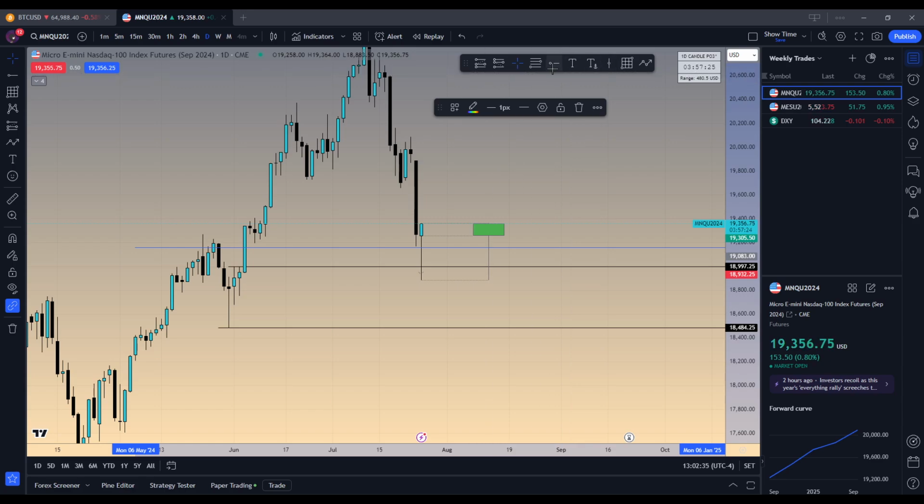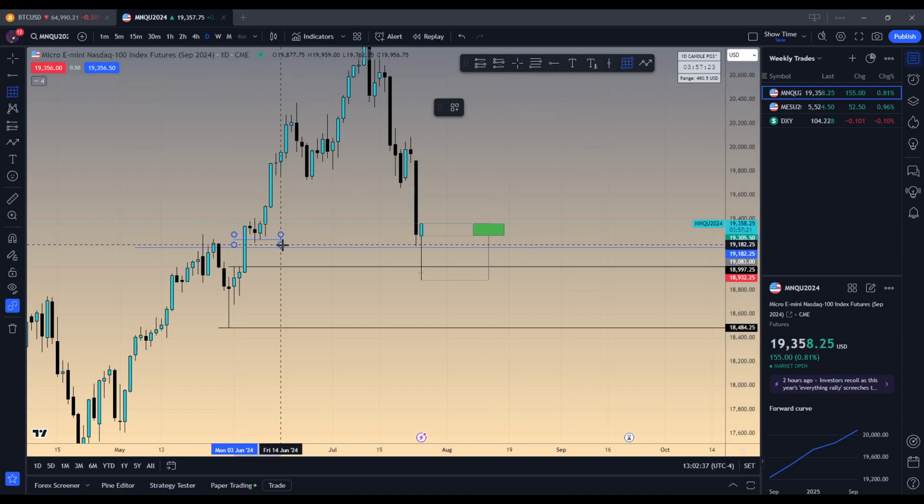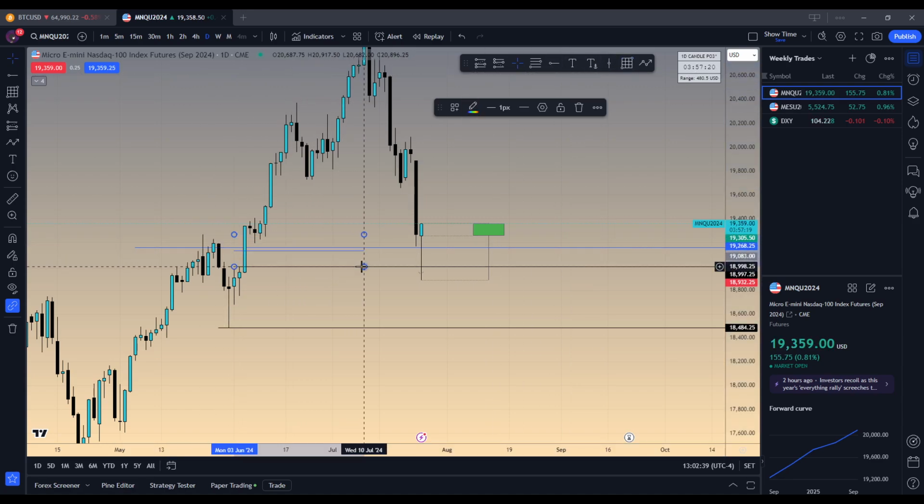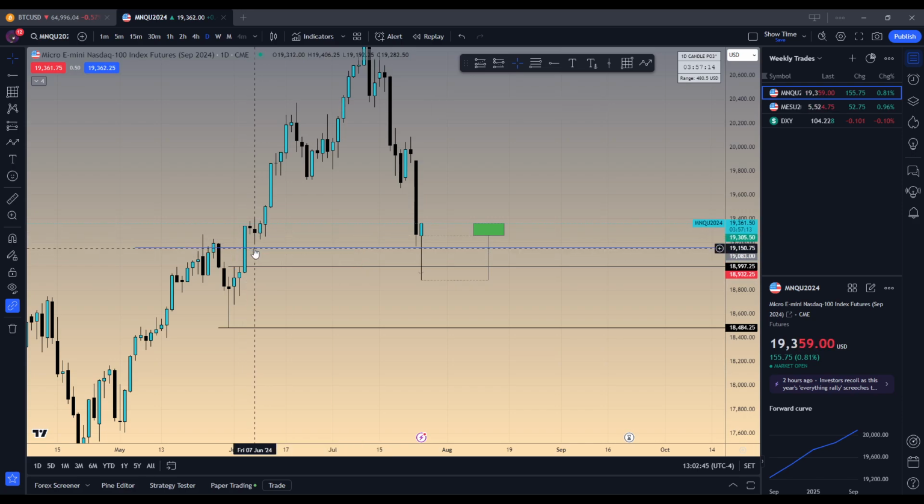However, this was still a viable PD array for me because it hadn't traded back into the equilibrium of the fair value gap yet. So now you get a sense of what my bias was and why I was bullish. Now I had to find my model.